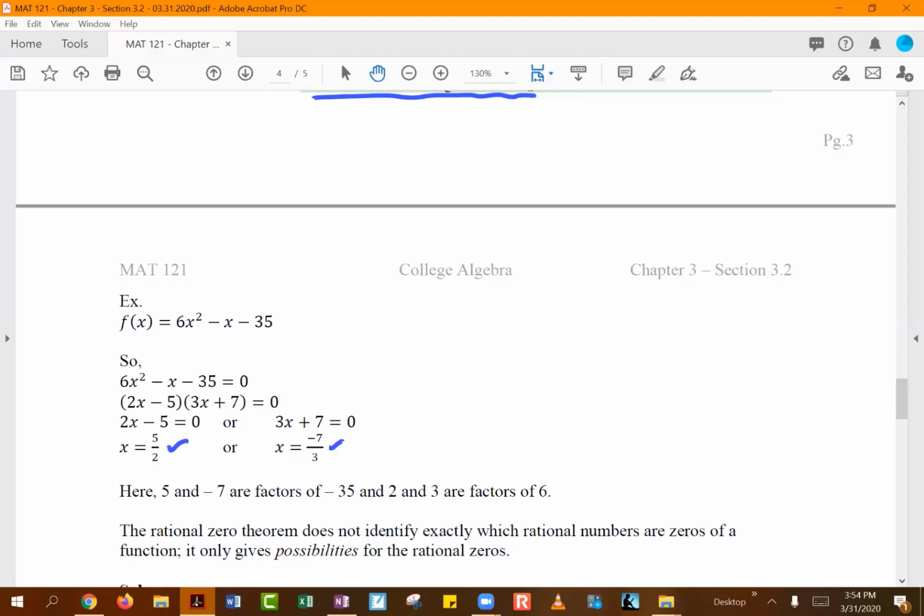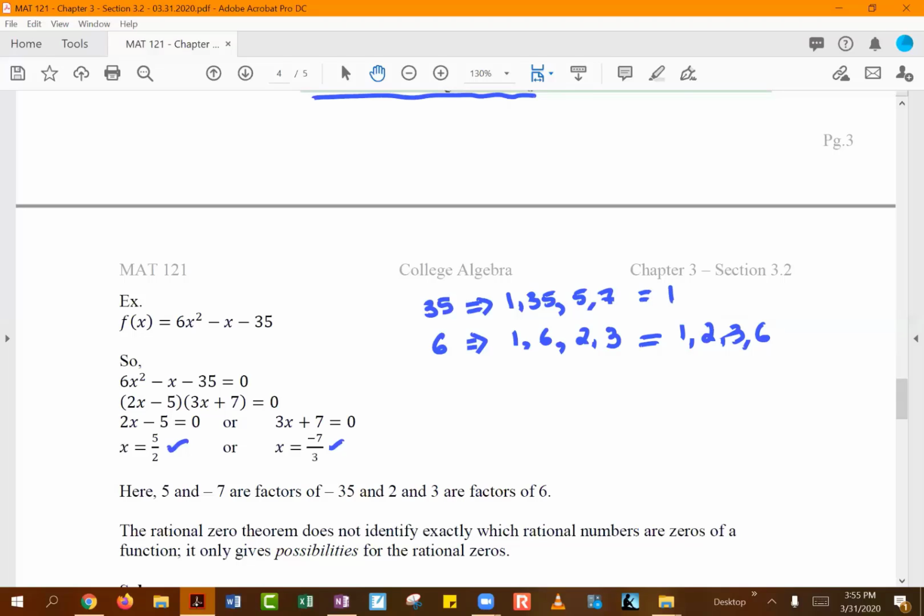So the way they actually got this was they took the factors of 35 and they took the factors of 6. Now 6, of course, will be factors of 1 multiplied by 6 or 2 multiplied by 3, right? So you can write this as 1, 2, 3, and 6. And same thing with 35. 35 can be 1 times 35, but you can also have 5 times 7.